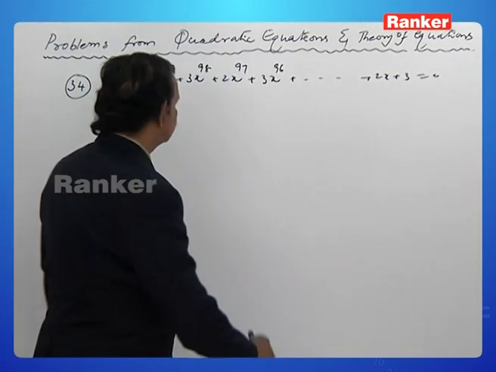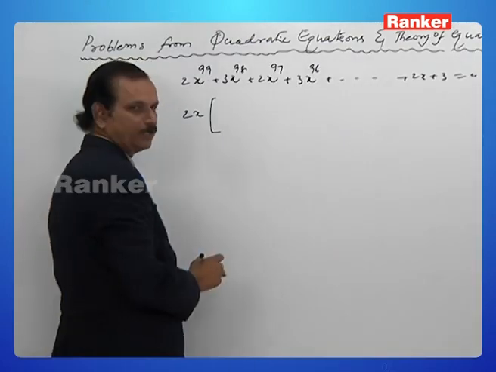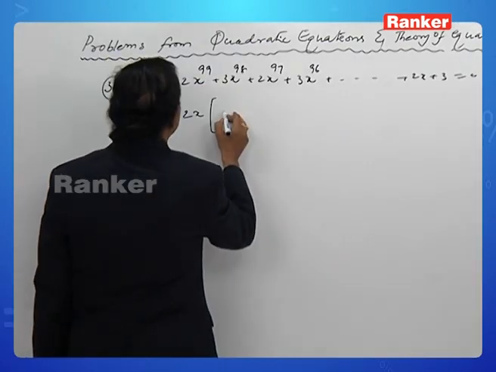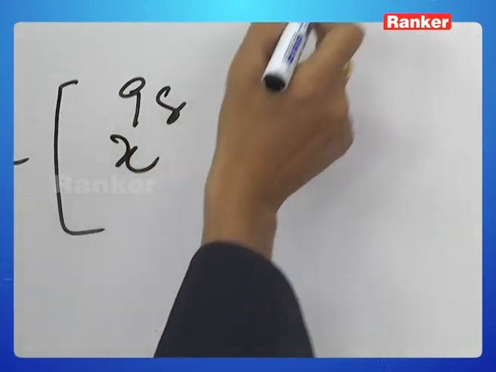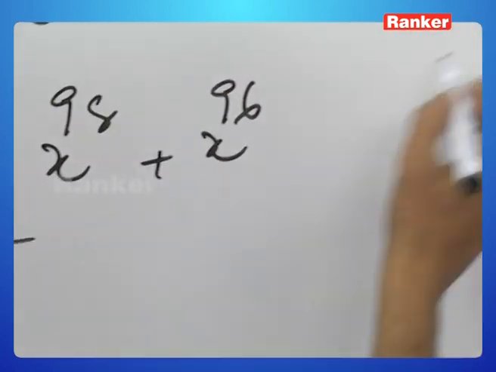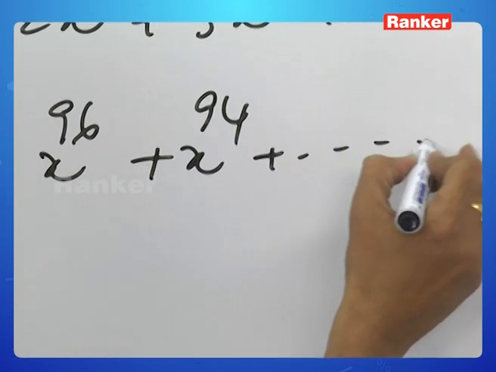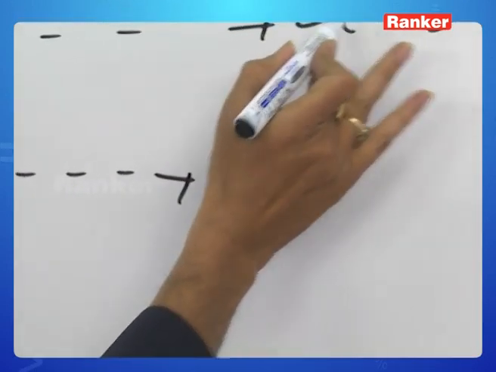Let me do one thing. Let me take 2x as a common factor. What are you going to have? x power 98, x power 96, x power 94 plus 1.